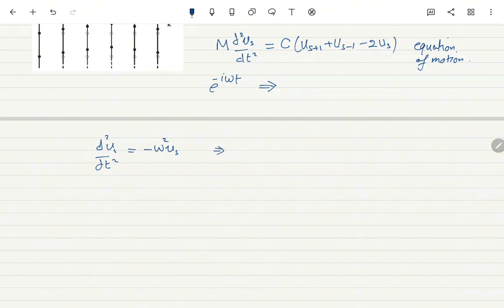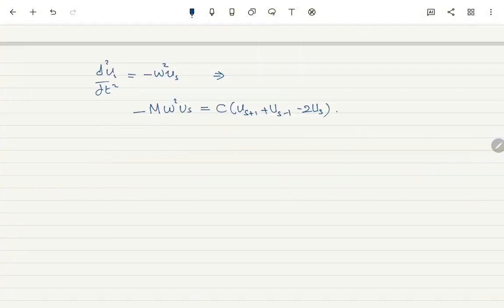Therefore, minus M omega squared u_s equals C times u_{s+1} plus u_{s-1} minus 2u_s.